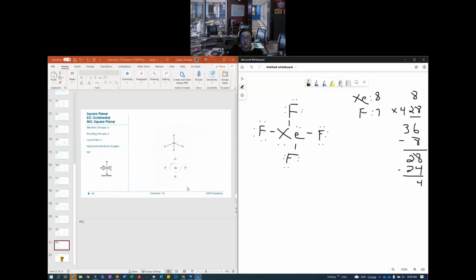So that leaves me with a situation where I have 4 bonded, 2 non-bonded. So I still have 6 things around it. That means that I still have an electron geometry of octahedral. But my molecular geometry is only going to be considering the 4 that are there.